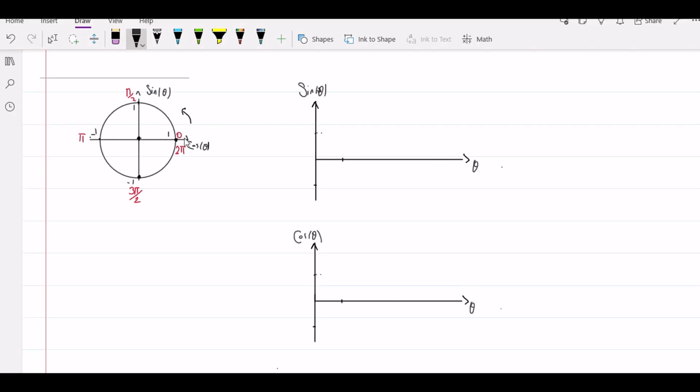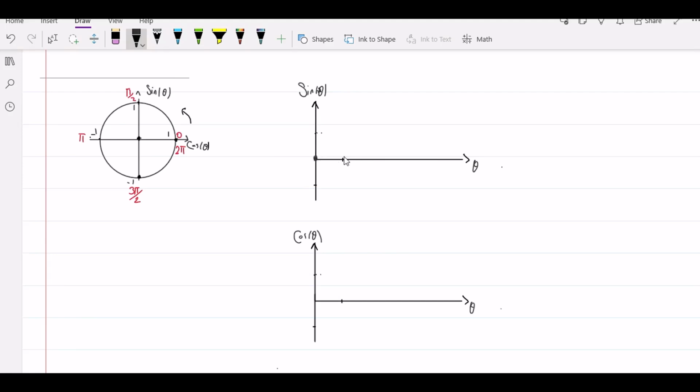As you can see here, the cosine has a value of 1 and the sine has a value of 0, because this point is already on the x-axis, which is the cosine axis, so it doesn't have any value for y. So the y value would be 0. So we're going to put this point in here.